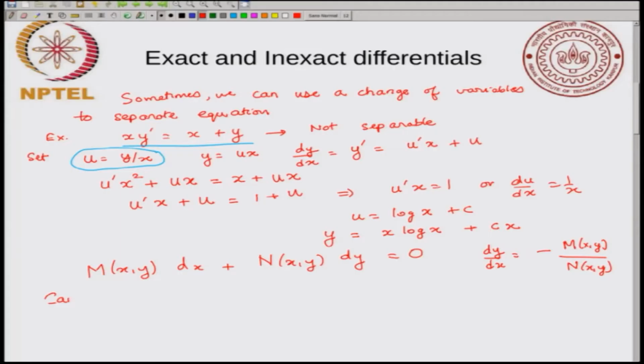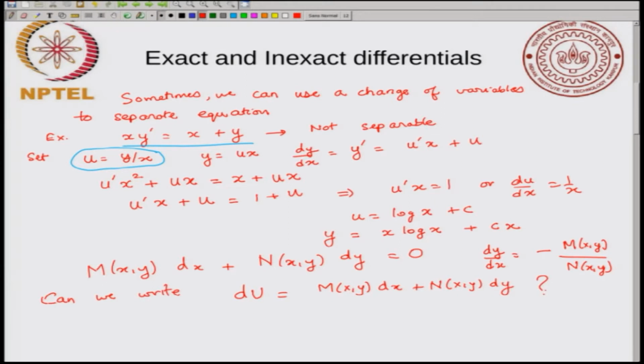So, can we write du is equal to M of x y dx plus N of x y dy? Is there some u, which is a function of x y, such that du can be written in this form?